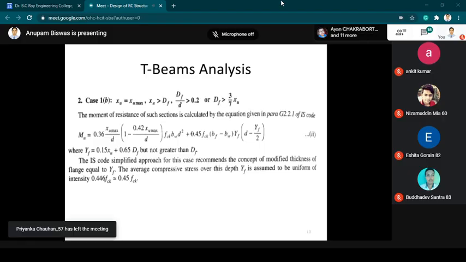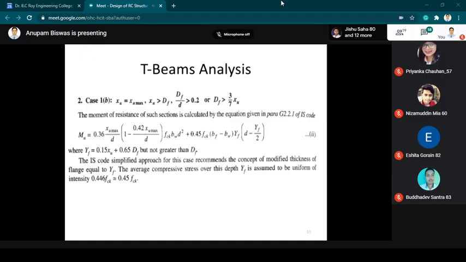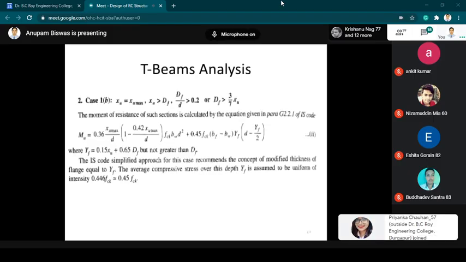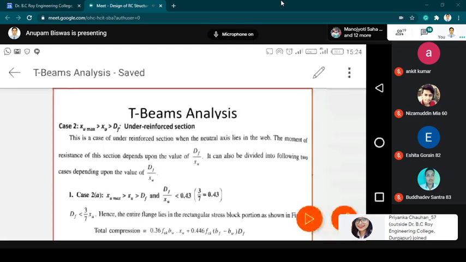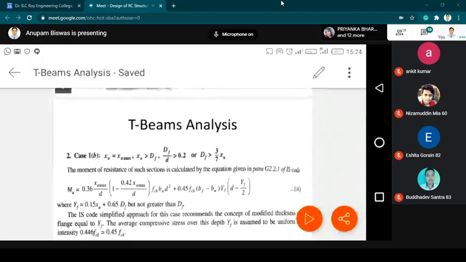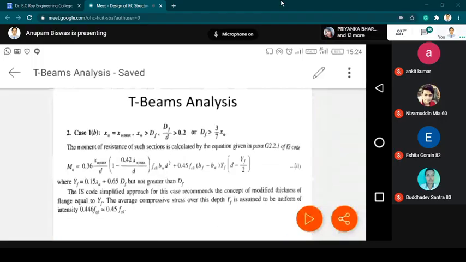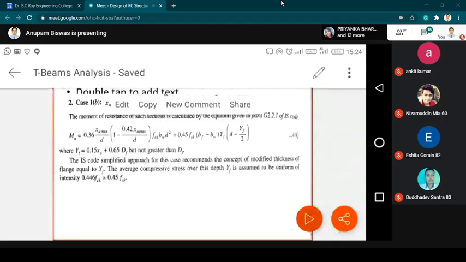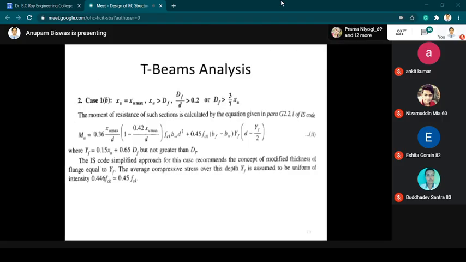If you do the moment of resistance calculation for the previous case, case 1, how will you get that?